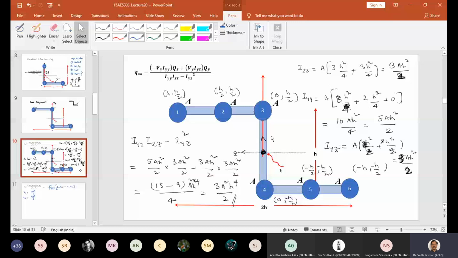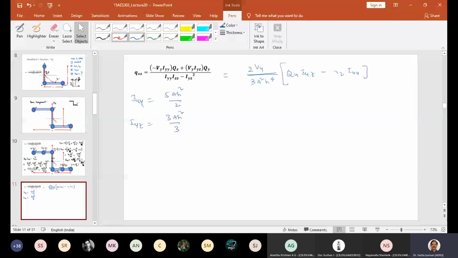So once this is over, just straightforward now. 3ah square by 2. So you see that 2Vy by 3a square h to the 4 into Qyz is what? If you want, you can take ah square common. So it will be very simple now.